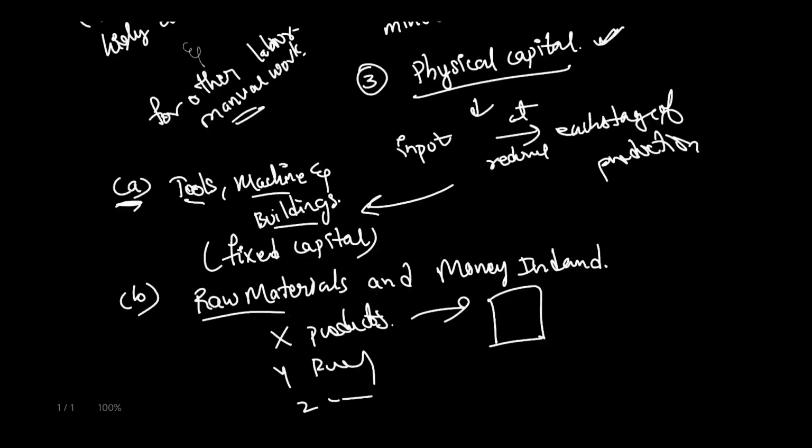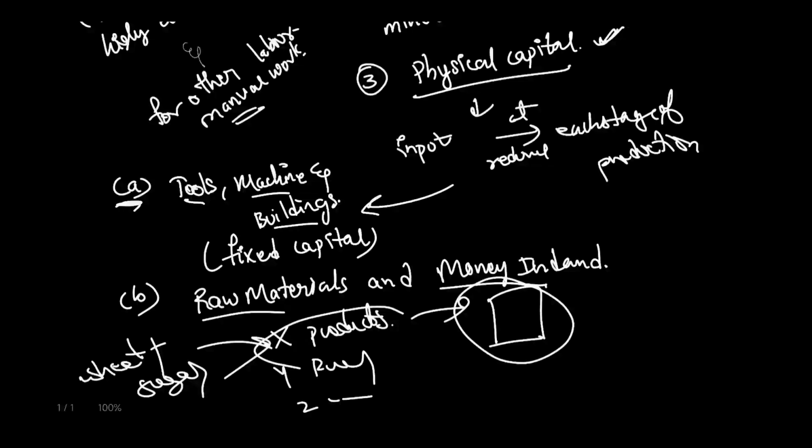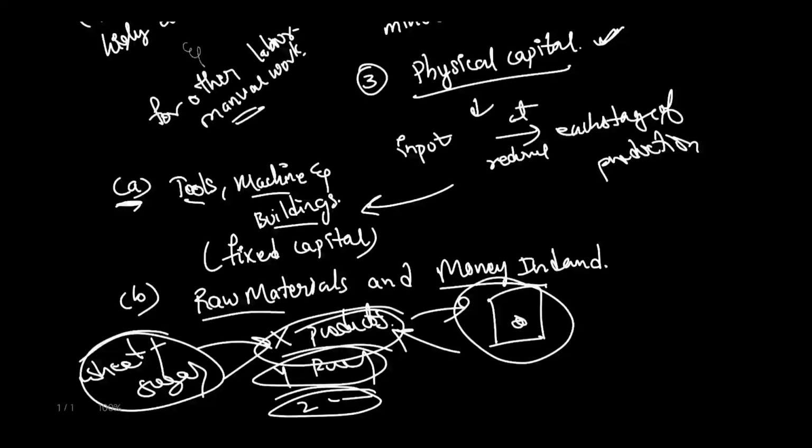But coming to raw materials and money in hand, we can't use the same, because for X products, if we need wheat plus sugar, okay, we gave it to the X product. Now we take the wheat and sugar and we put it into the machine or the tools which we have, and we get the product batch X. We can use the same machine for a product batch Y and Z, but we can't use the same raw materials and money which we put into the batch.